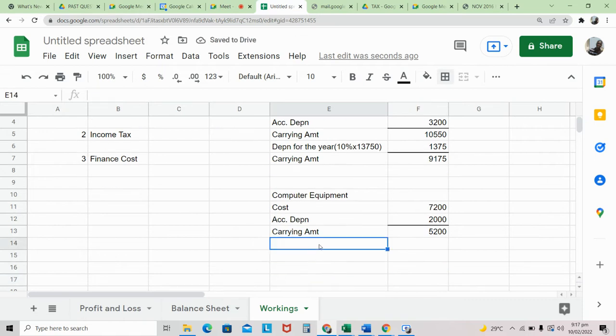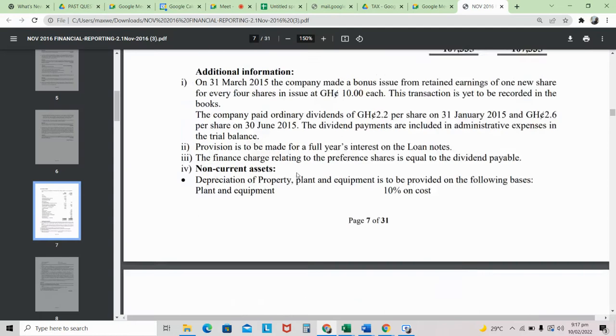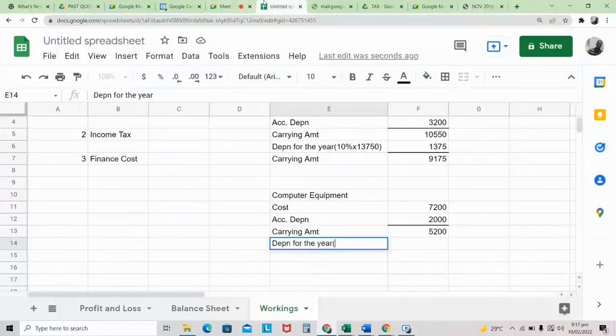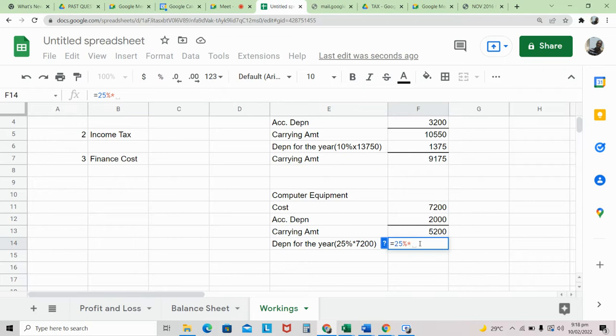Then we calculate our depreciation for the year. What is the depreciation for the year? It's 25% on cost. So 25% times 7,200, which gives you 1,800.